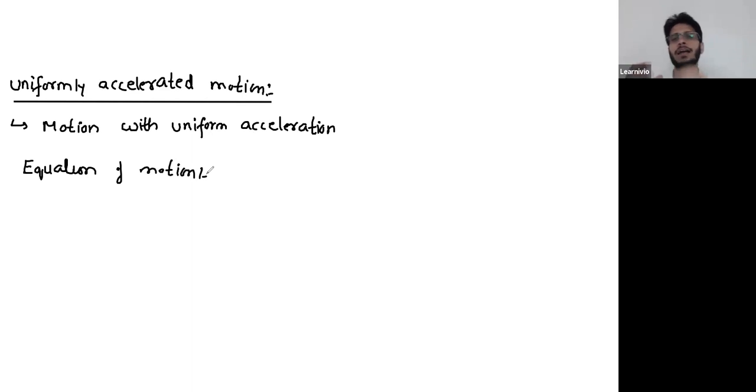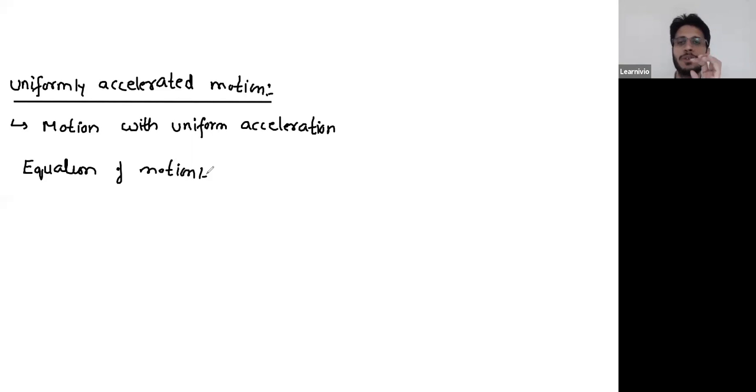So if acceleration is uniform, what does it mean? It means velocity is variable. So if your velocity is variable, then in this type of motion, you have some parameters: displacement, time, initial velocity, and final velocity.